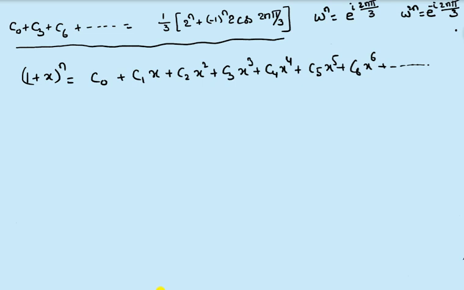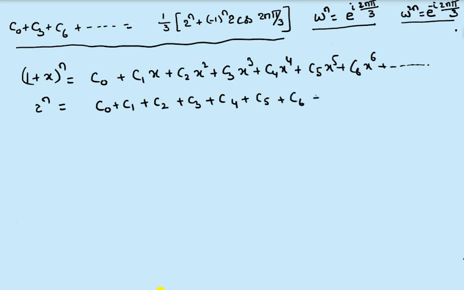Right, now observe here, I hope everyone knows this information. Omega power n can be written in this way, omega power 2n in this way. Now put x is equal to 1, you will get 2 to the power of n is equal to c0 plus c1 plus c2 plus c3 plus c4 plus c5 plus c6 and so on.